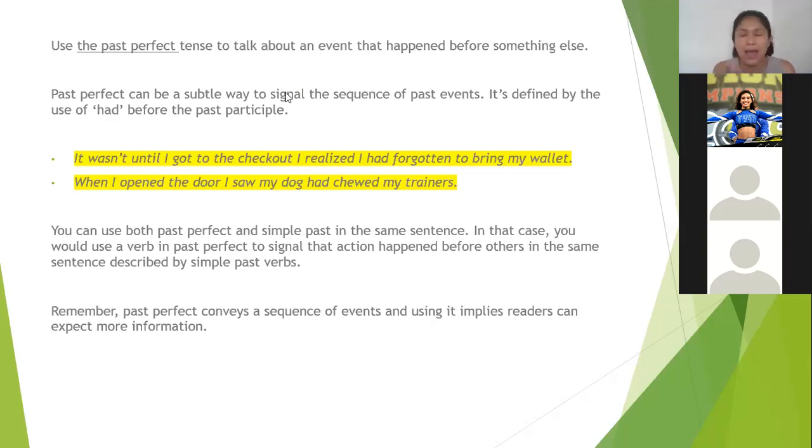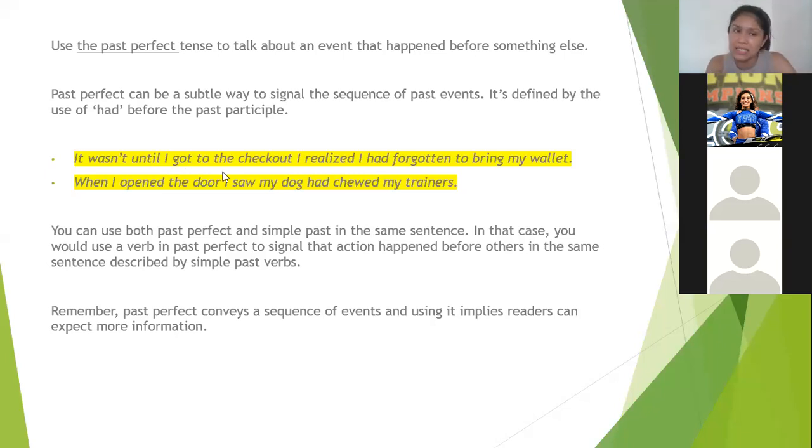I don't know if I'm being clear. For example, it wasn't until I got to the checkout, I realized I had forgotten to bring my wallet. Here I have different actions. It says in here, it wasn't until, so it means that until that point or that period in the past is when this person realized.